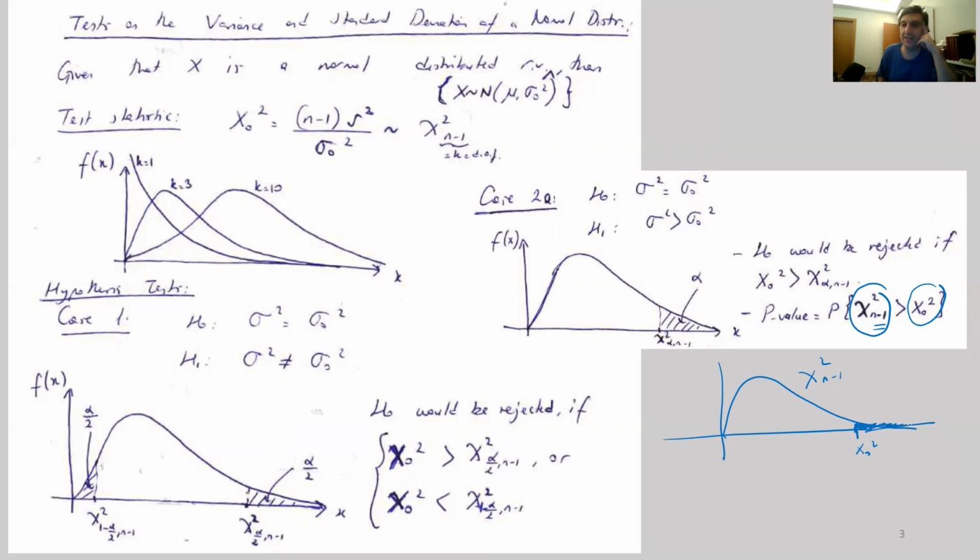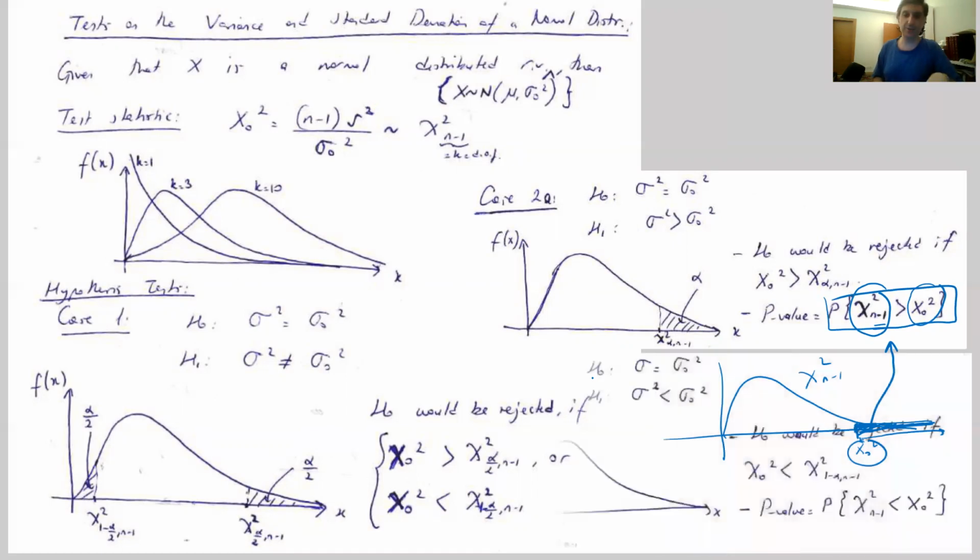We are trying to find this area on this tail. Mathematically, it means that we are trying to find the values on that chi-square distribution which are greater than x0 square, and we are trying to find the corresponding probability. This right-hand side probability will be the p-value. The very same logic that we have covered in the t-distribution.